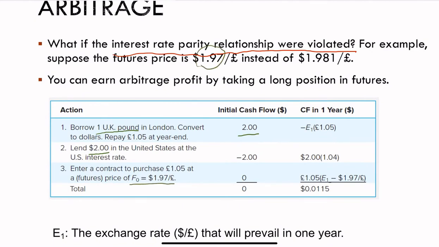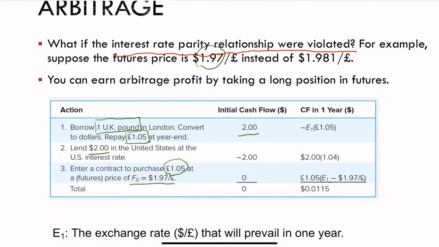And to be more specific, you will want to purchase this amount, 1.05 pound. Why do you want to purchase 1.05 pound? Well, the reason is because you have borrowed 1 pound from the UK. And at the end of the year, you have to repay 1.05 pound, right? So this sort of says that you have a short position in UK pound.